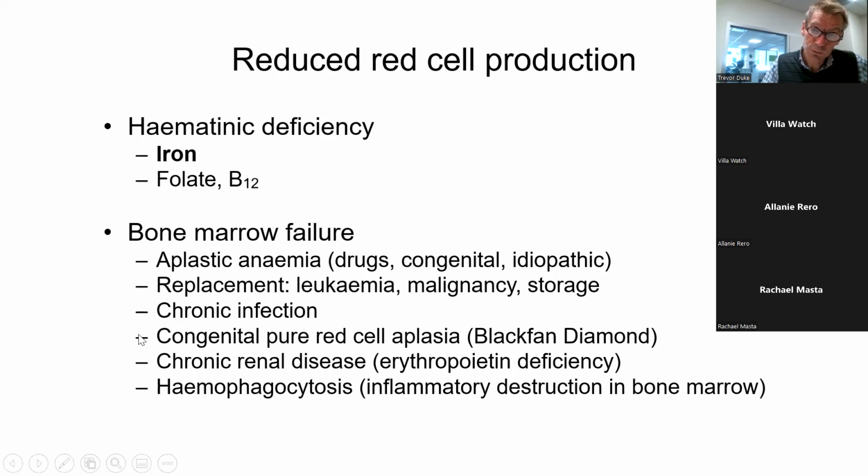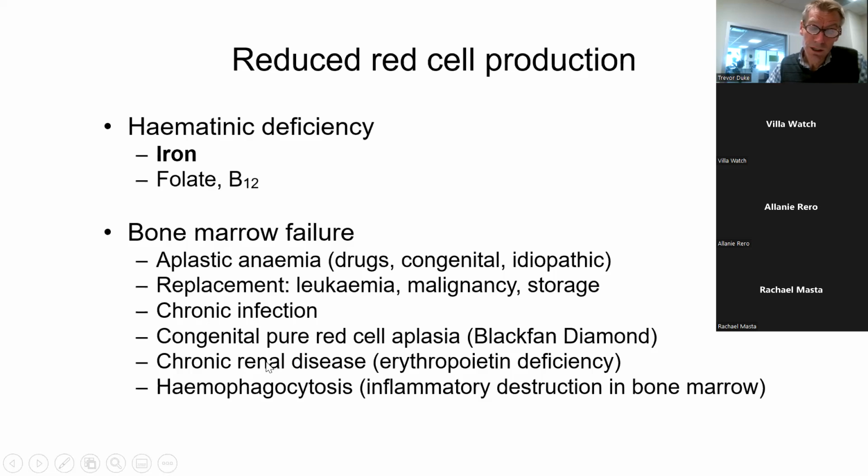There's a few congenital problems that lead to the red cells not being produced. So there's one called Blackfan-Diamond, don't worry about that, but it's a congenital form of red cell aplasia. So instead of the whole bone marrow being shut down, like occurs with aplastic anemia, where there's low white cells, low platelets, and low red cells, there's just a congenital form of red cell aplasia.